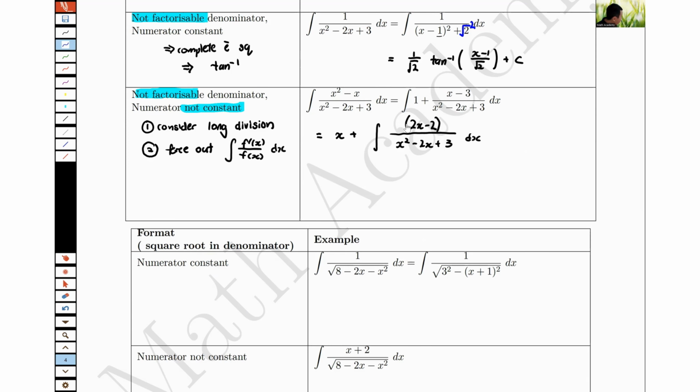When I balance, you balance the x first. I want to make it back to x. So there will be a half. Half times 2x gives you back x. Half times constant minus 2 is negative 1. To make it minus 3, we minus another 2. Okay, force the derivative, balance the x, balance the constant, and we break it up into a few terms.